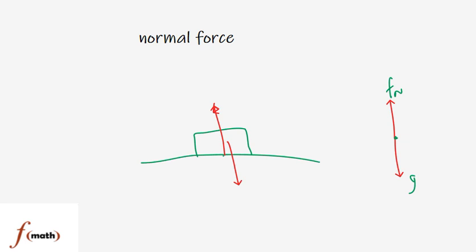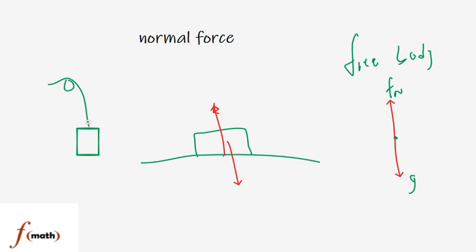G is always there whenever you are told to draw a free body diagram. I forgot to mention, these are free body diagrams. Whenever you're drawing a free body diagram, G is always there. It's a free mark; you always have to put G. And a normal force is almost always there, because whenever there is a surface, unless you're told that there is a pulley and a rope and some object is suspended.